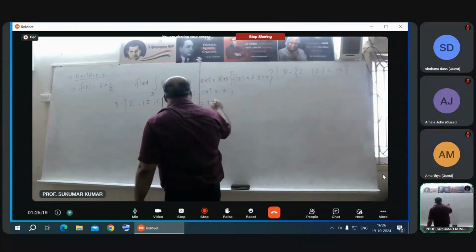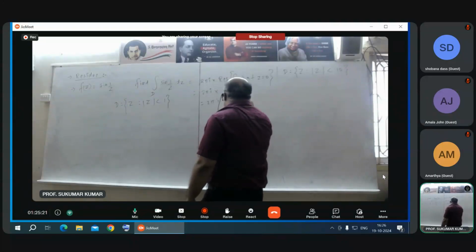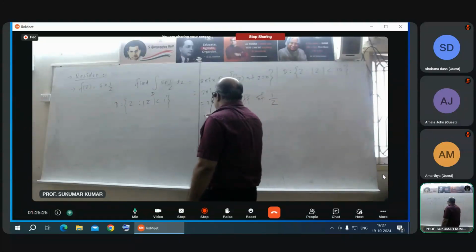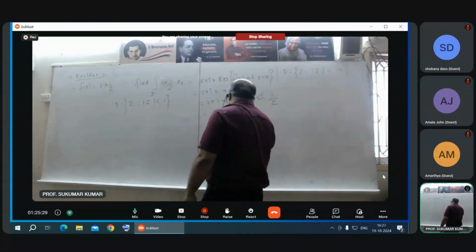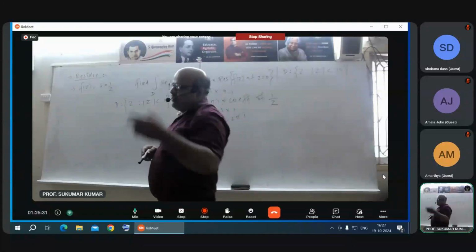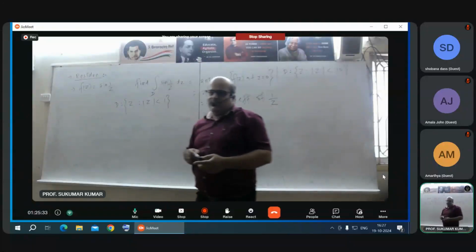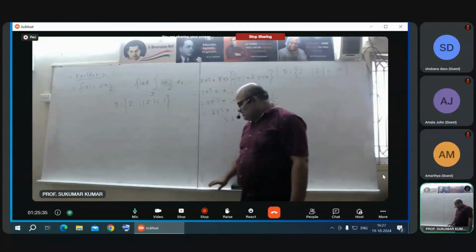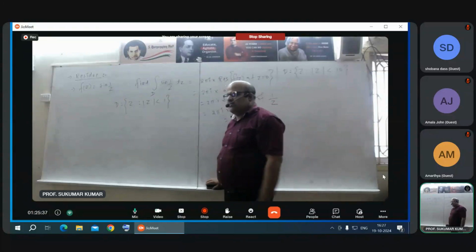What is the coefficient of 1 by z? This much time is being taken. Compared to real analysis integration, complex integration is easy. Only residue, 2 pi i into residue, finish.